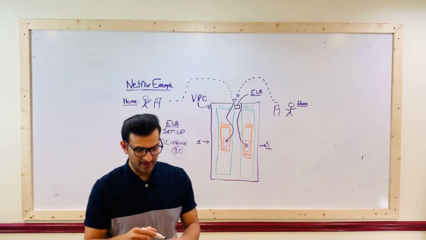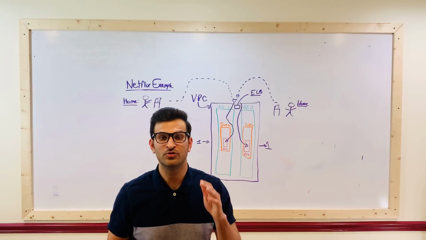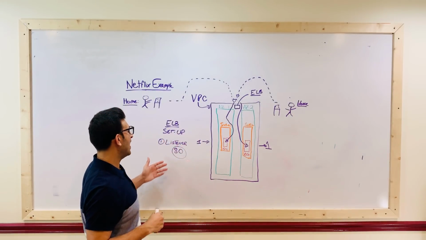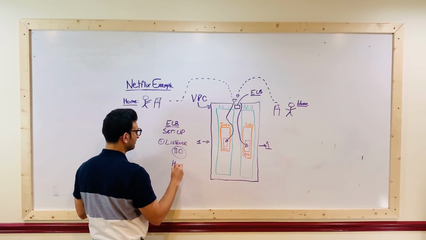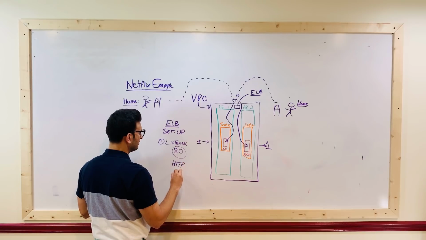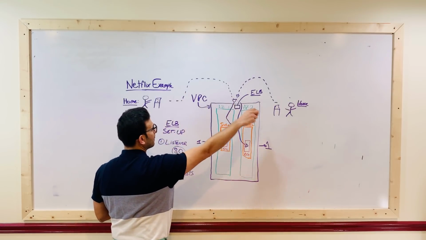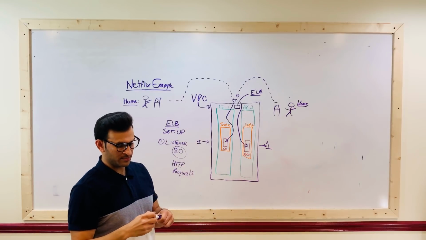That means that it's listening. Your elastic load balancer is literally listening to port 80, which is HTTP. Any HTTP requests that are coming from these two people, or any traffic, for example.